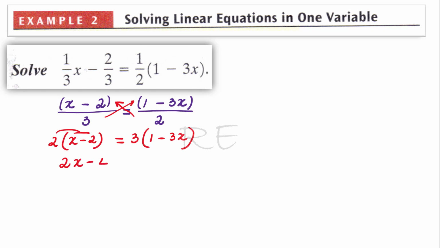Distribute: 2x minus 4 is equal to 3 times 1, 3, and 3 times negative 3x, negative 9x.